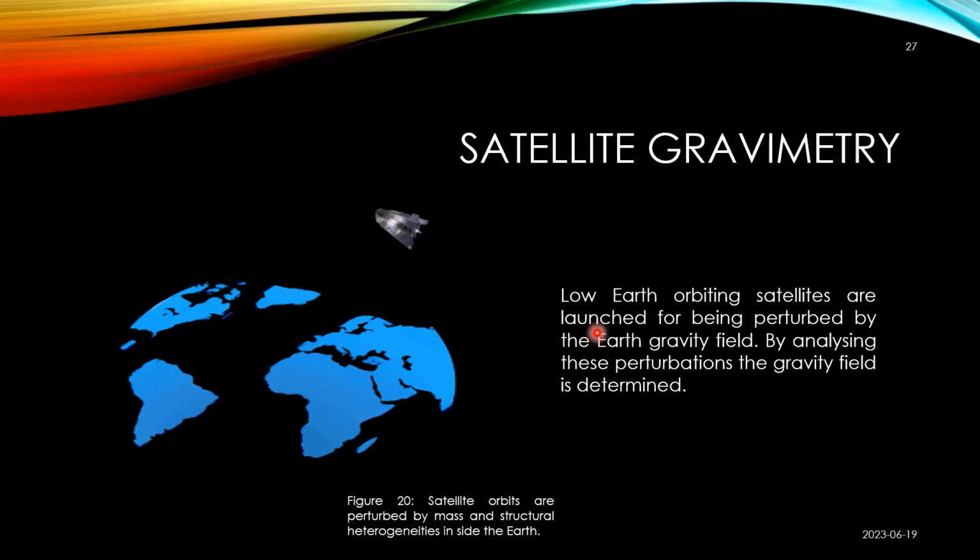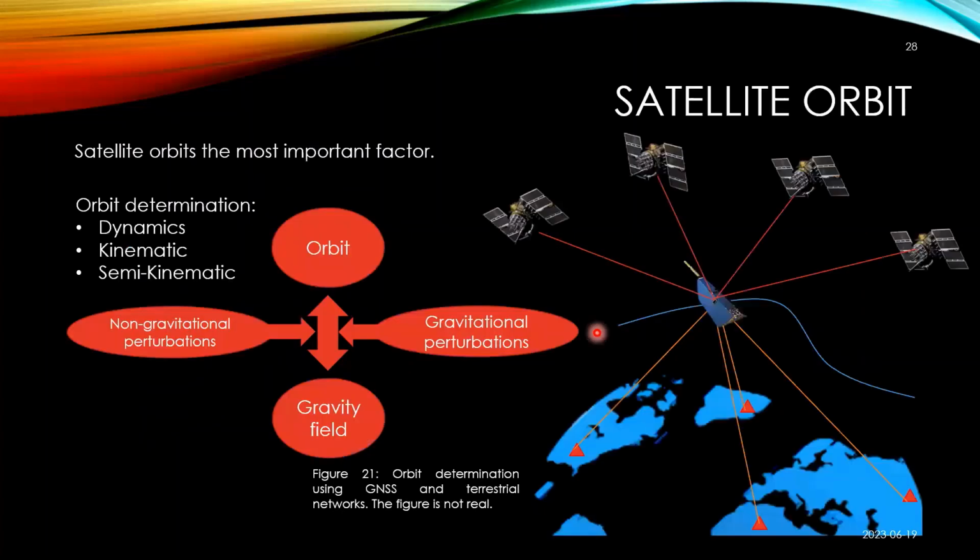These forces can be gravitational or non-gravitational in nature, and the gravity field plays the main role here. So the point is that if I can measure the orbit of this satellite, or I have some instrument or sensor to measure some gravitational parameters, I should be able to determine the gravity field of the Earth.